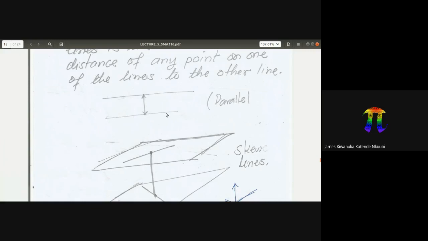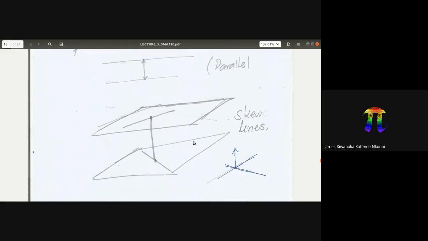If the two lines are parallel, this is how you obtain the distance. If they are not parallel, then they can be skew. Two lines may lie on parallel planes, right? So this is a plane, and we have a line that is on that plane.